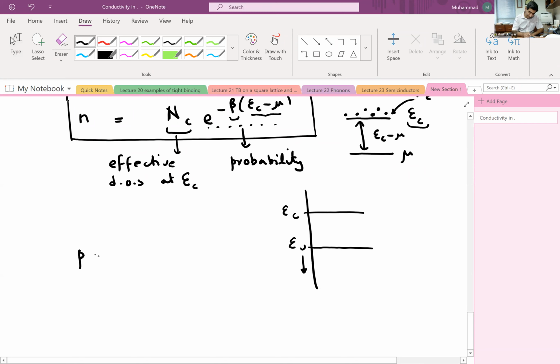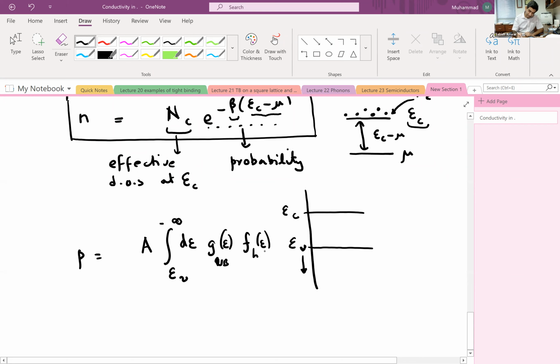So your p is going to be equal to the integral from minus infinity to EV of dE G in the valence band times F of holes of E.